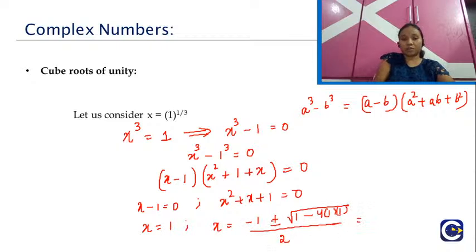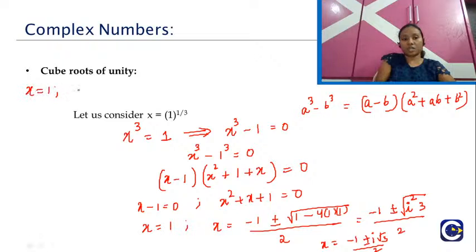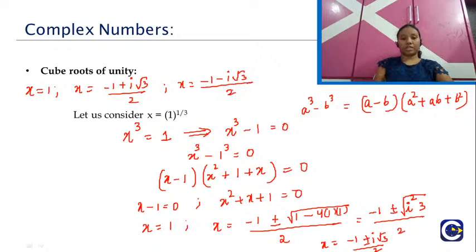So here I'll have one solution x equal to 1, and the others are x equal to minus 1 plus i root 3 by 2, and minus 1 minus i root 3 by 2. So these 3 roots are nothing but my cube roots of unity.